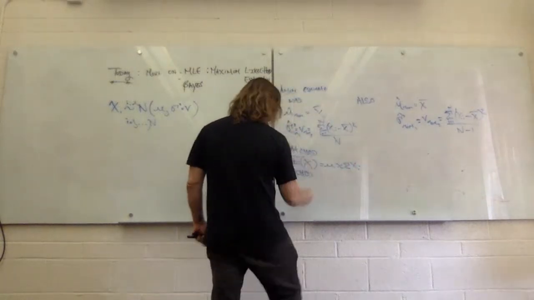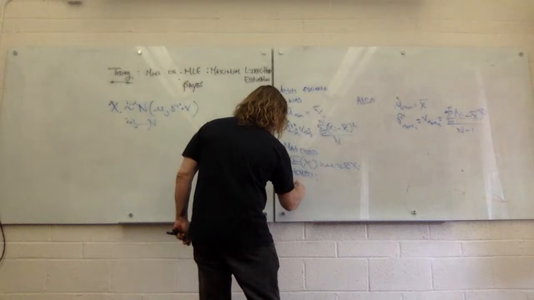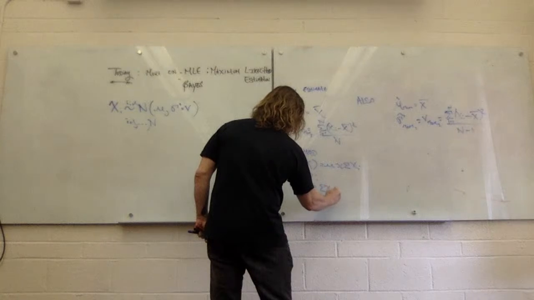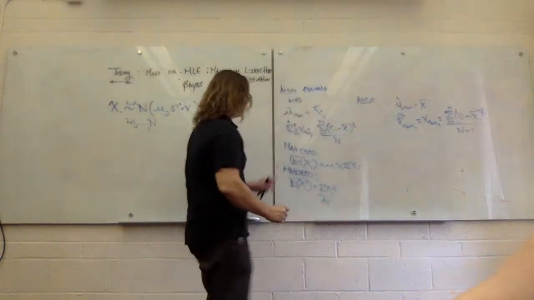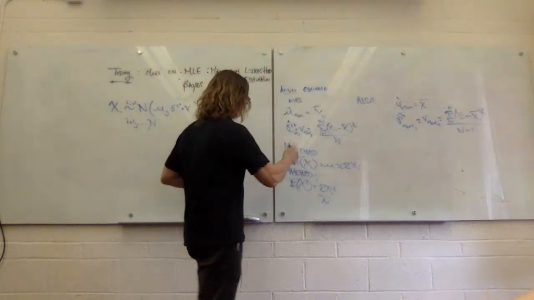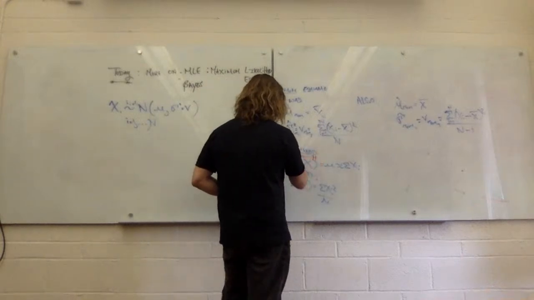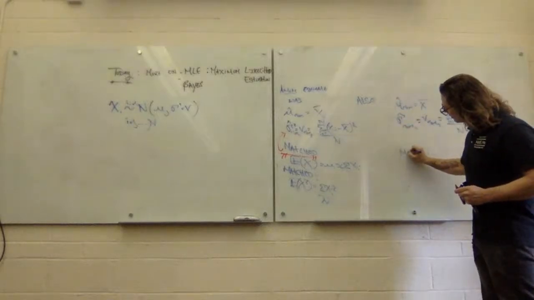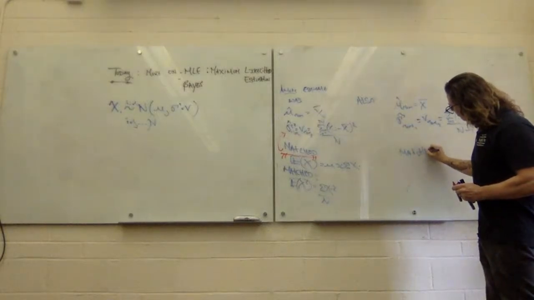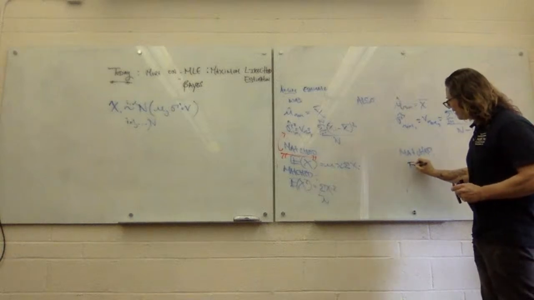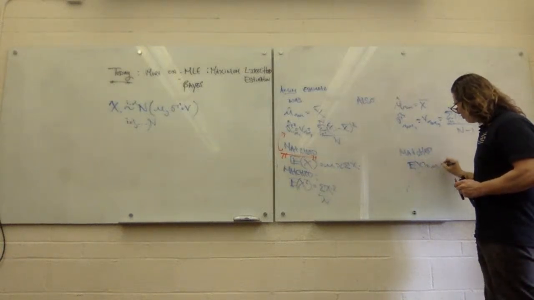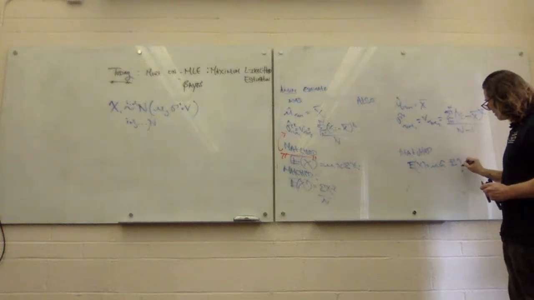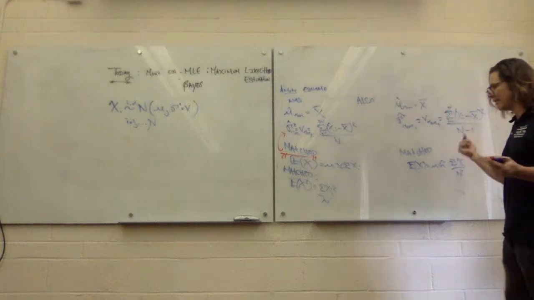And we also matched the expectation of x squared to the empirical second moment. So this is how we did this. And in this method, we matched the expectation of x, mu, to the sum of the xi's over n, same old thing.